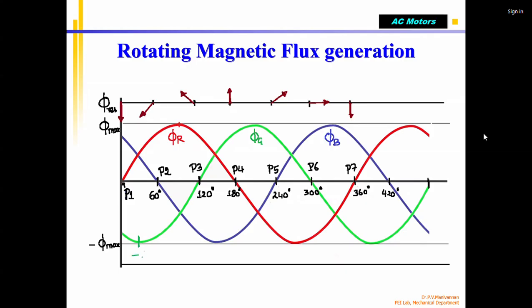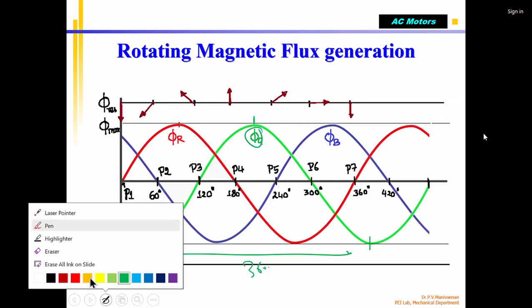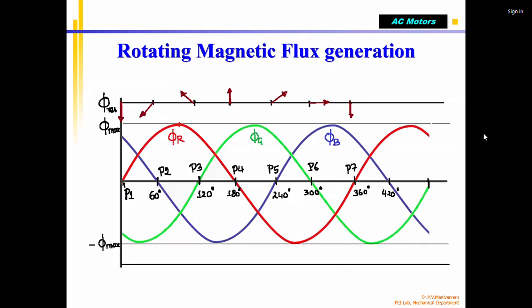This is minus phi max and this is plus phi max, again minus. So this is one cycle, 360 degrees. All three phases start from 0, go to positive phi max, negative phi max, again 0. But they are separated by 120 degrees apart. Each one is separated by 120.